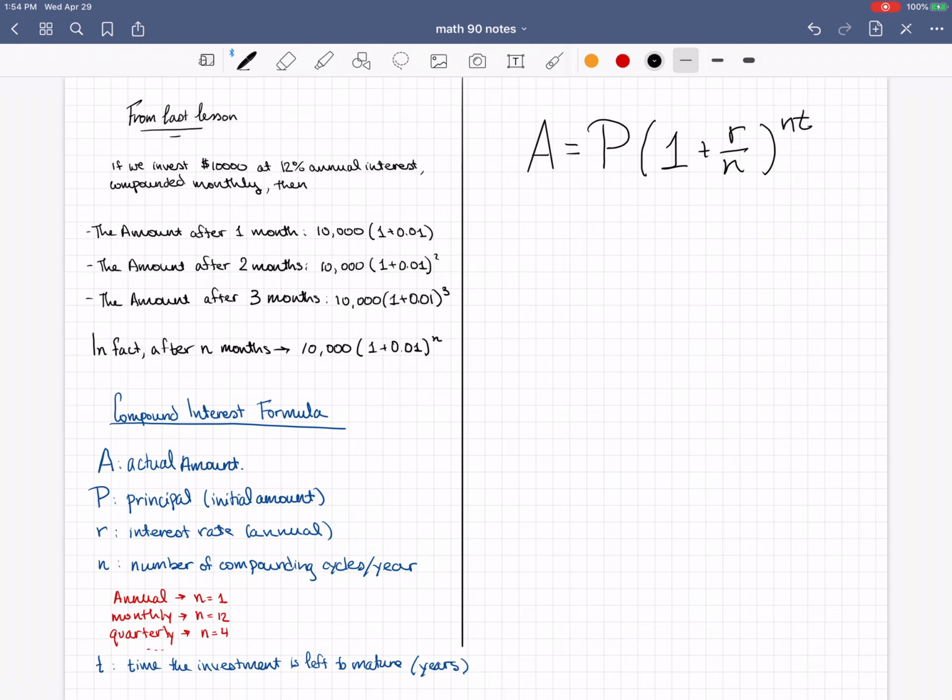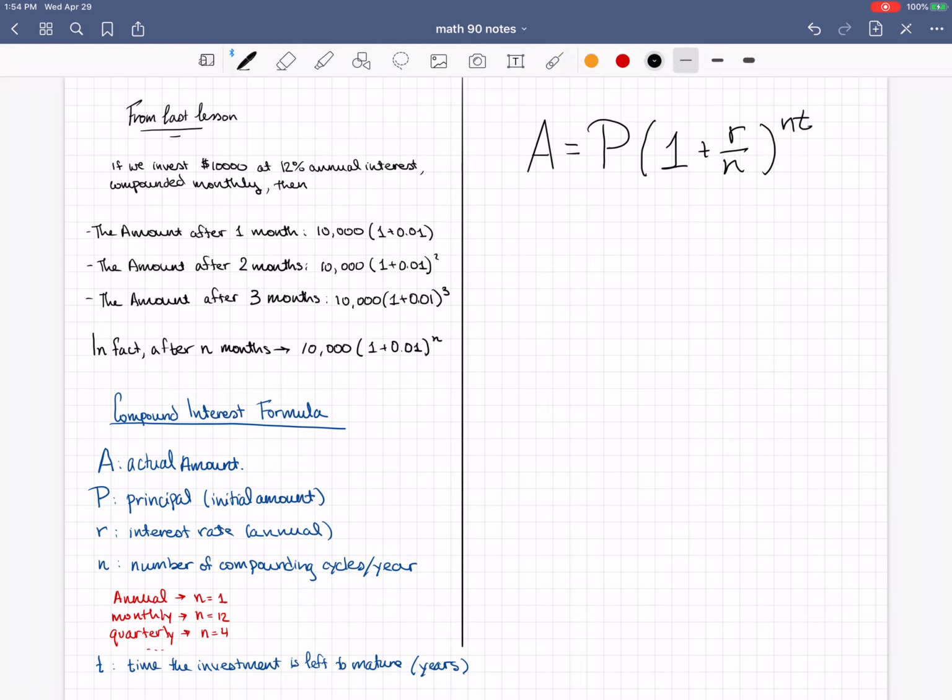Okay, so we take the principal amount, we multiply it by 1 plus the rate per compounding cycle, which is what R over N is, and we raise it to the power nt, which is the number of total compounding cycles in the total time the investment is allowed to mature.